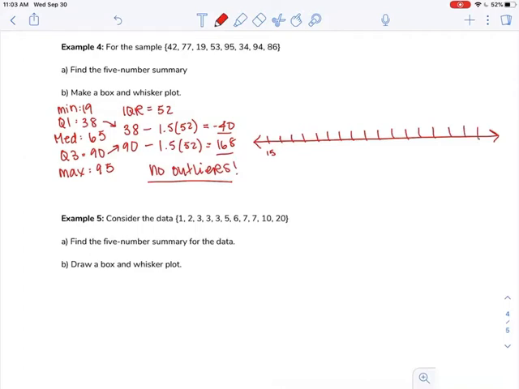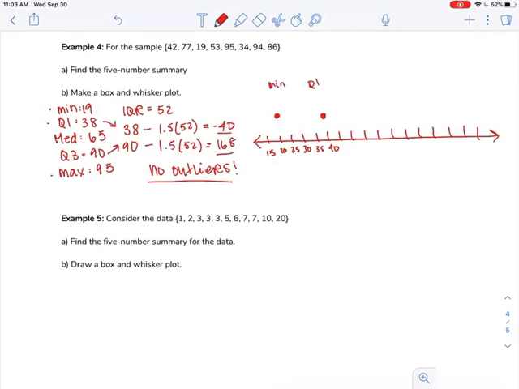All right. And you want to have it somewhere within your min and your max. So I'm going to plot all my data. So I have my min. I'm going to do my quartile 1, which is at 38. So 15, 20, 25, 30, 35, 40. So it would be about here. For my quartile 1, this is my min.